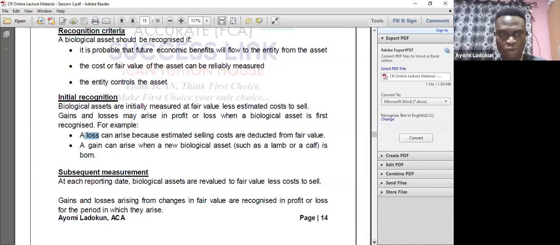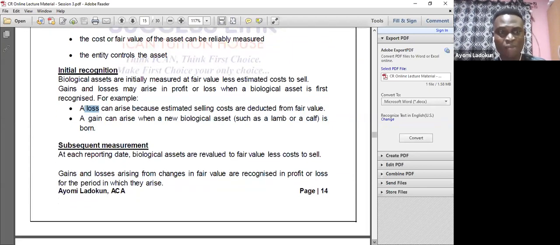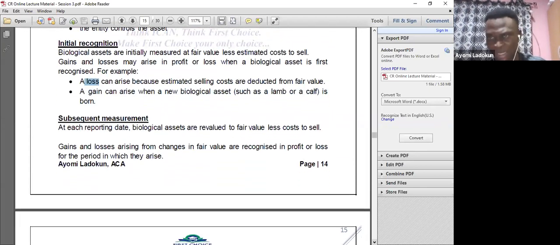So we're going to see now the subsequent measurement. On subsequent measurement, that means when you have done it the first time, the second time, at the reporting date, biological assets are revalued to their fair value, less cost to sell. Now, can you see it's simple? Both my initial recognition and subsequent measurement are the same.